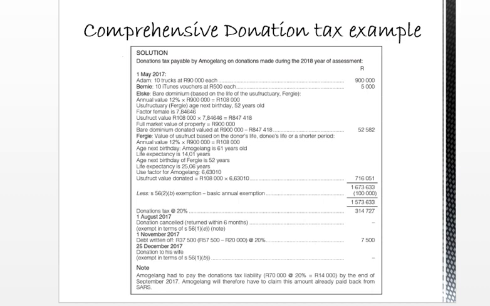So in this example, what you have to do is determine the sum of all the property donated, less your general exemption, and then these are the specific exemptions that were applicable.